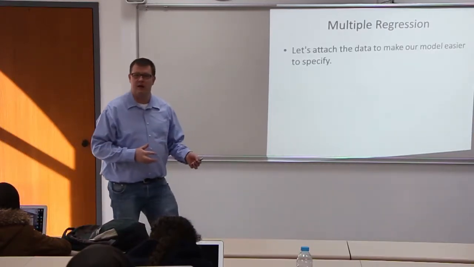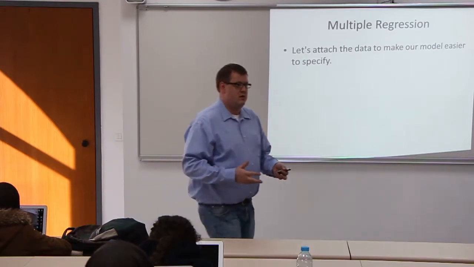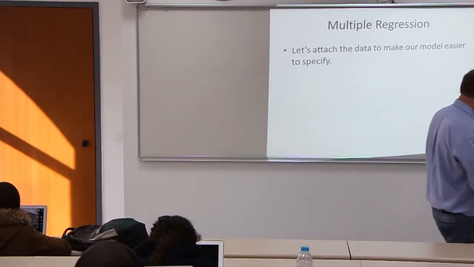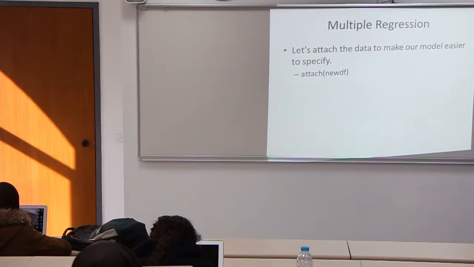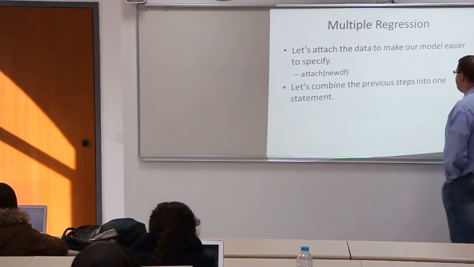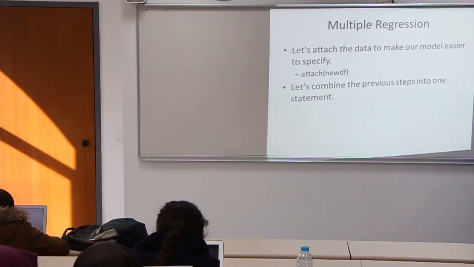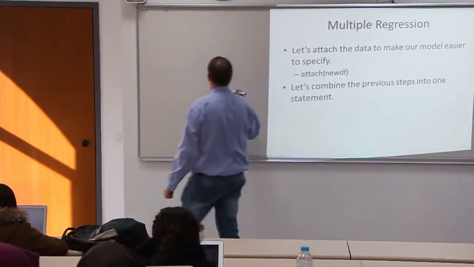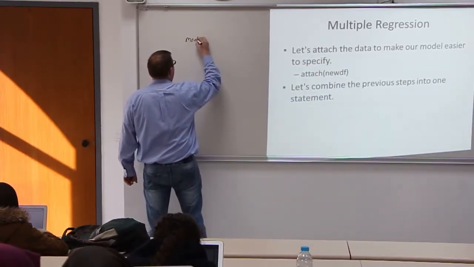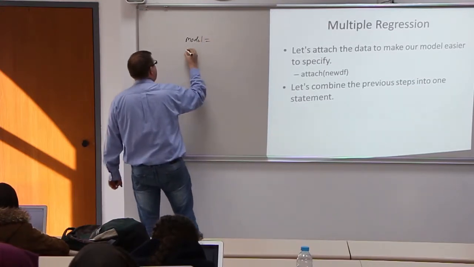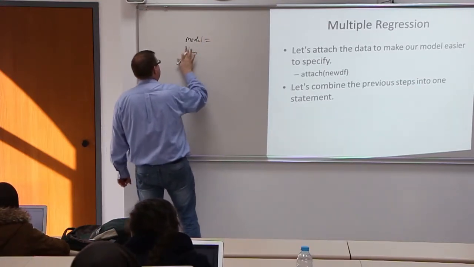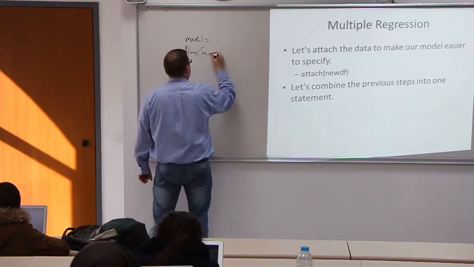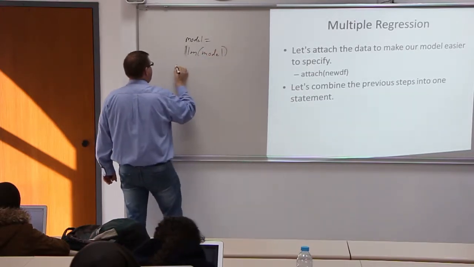Let's attach the data now to see how we would do it with the data being attached. So attach new df. All right, now let's combine the previous steps into one statement. Previously we said there's some model and we have LM, model, and then we said summary.